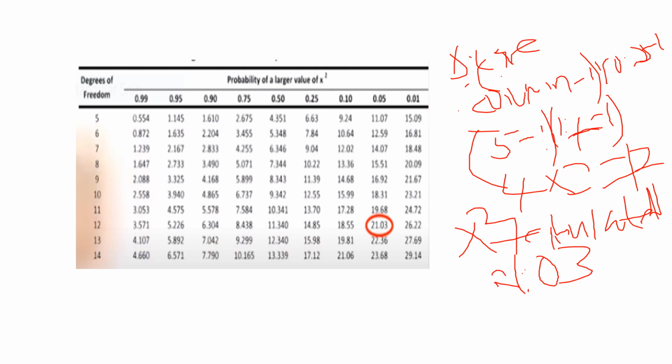And if you find that our x calculated is greater than our x tabulated, which we call the critical value, we can conclude that we reject the null hypothesis and conclude the alternative hypothesis, that there is a significant relationship between marital status and the education qualification. So that is what we can conclude from this reading.